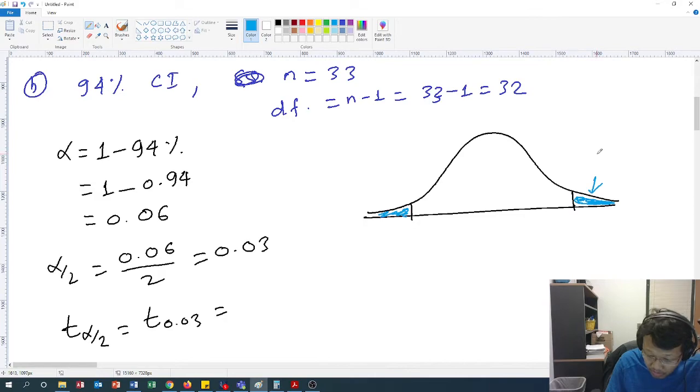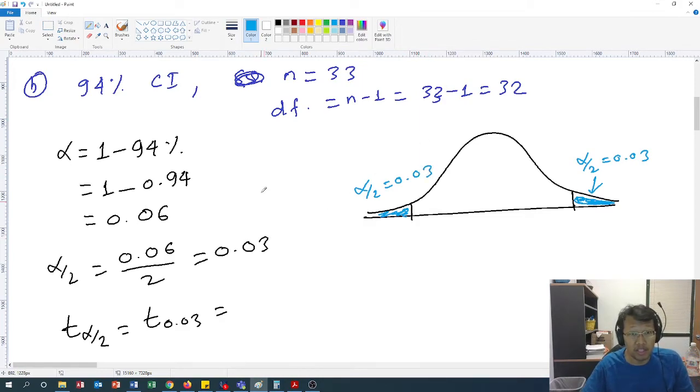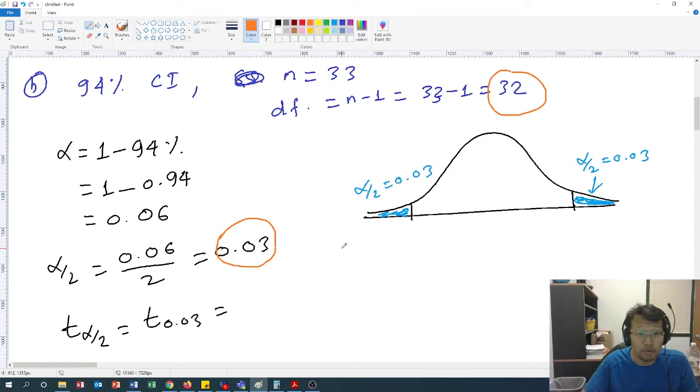This is the area alpha over 2, 0.03, on the right tail or the left tail. Now we also know the degrees of freedom is 32 and 0.03 is the probability area, either on the left tail or the right tail.